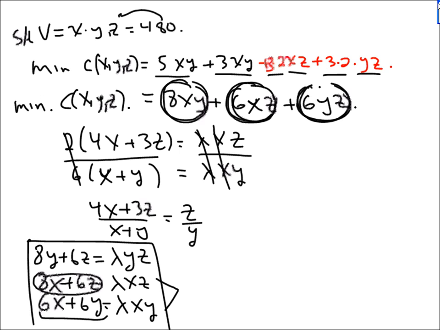Now, if I were to cross multiply, I get 4xy plus 3yz is equal to 3xz plus 3yz. Of course there is one typo, because this should be a 3 down here.